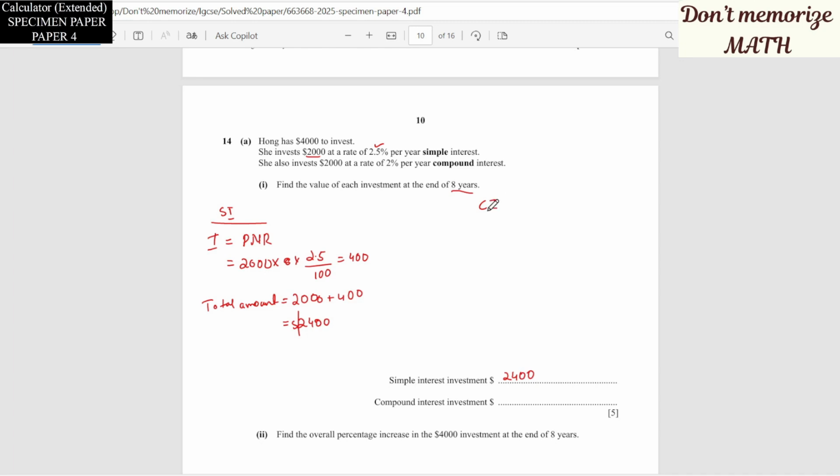For compound interest, you can find the final amount directly using the formula: Amount is equal to principal times (1 plus r over 100) raised to n. The principal is the same, 2000. 1 plus, what is the rate? The rate is 2%, so 2 over 100, raised to n.